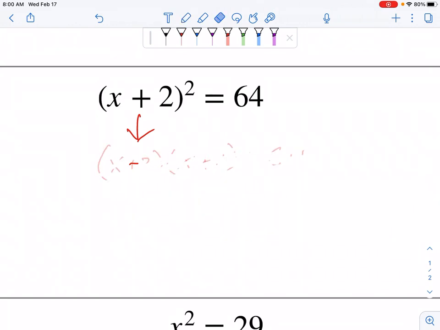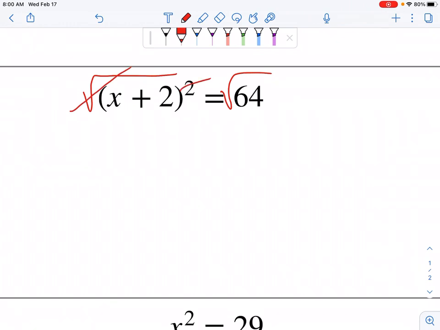So when you're told to solve using square roots, I mean, use the square roots. Don't do anything funny. Okay? So square root undoes a squared, which leaves us with x plus 2, which equals positive or negative 8.